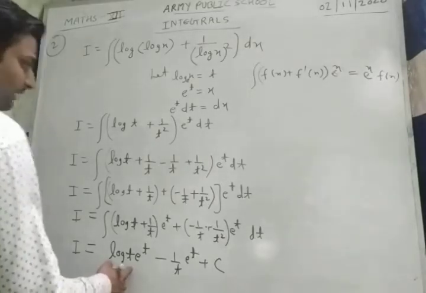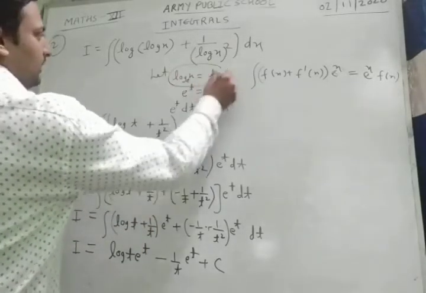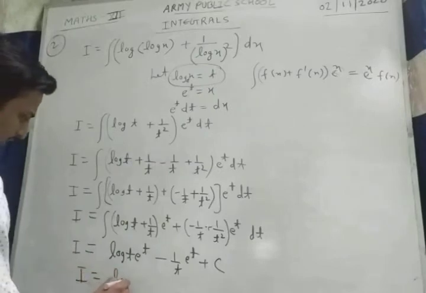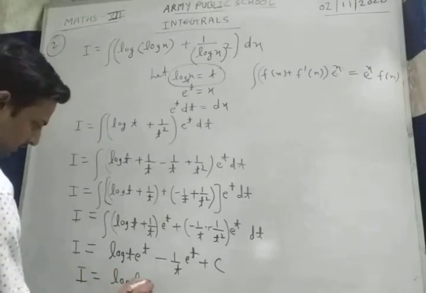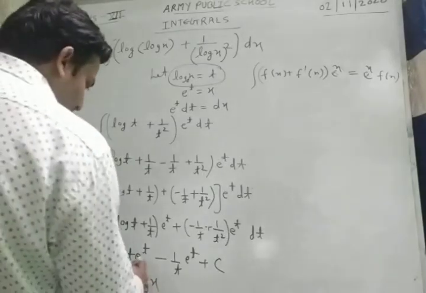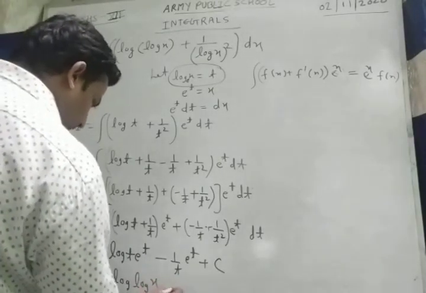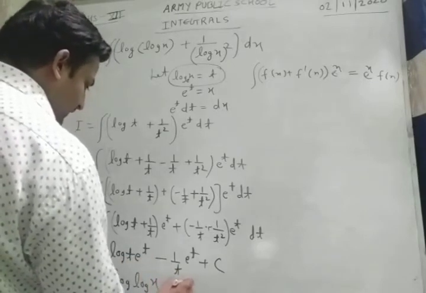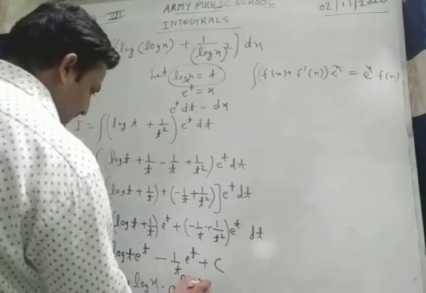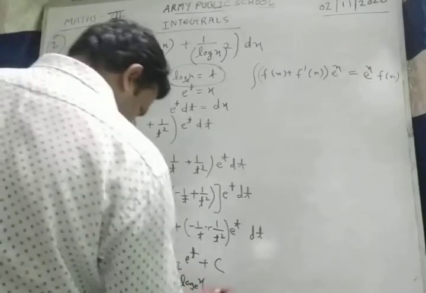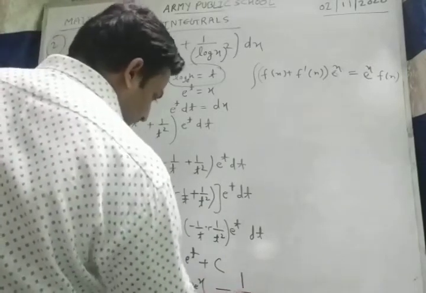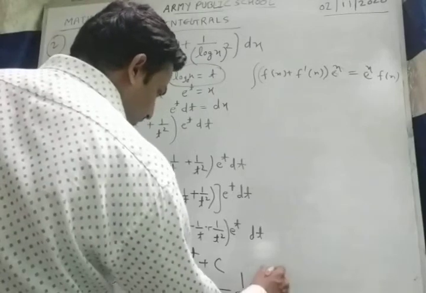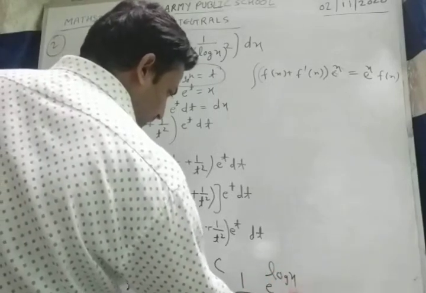Now we will write the value of t. Our t is log of x. So we write I is equal to log of x, and here e to the power t, this is log of x, and minus 1 by log x, e to the power log of x, plus c.